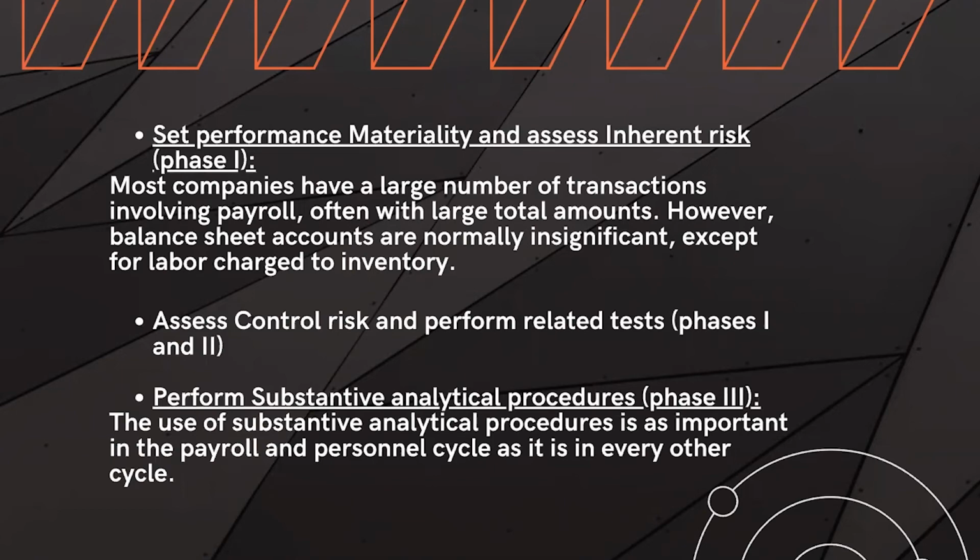In phases 1 and 2, we assess control risk and perform related tests, which was already explained in the previous chapter. Phase 3 is performing substantive analytical procedures, which are as important in the payroll and personnel cycle as in every other cycle.